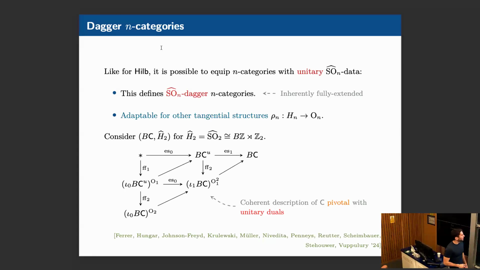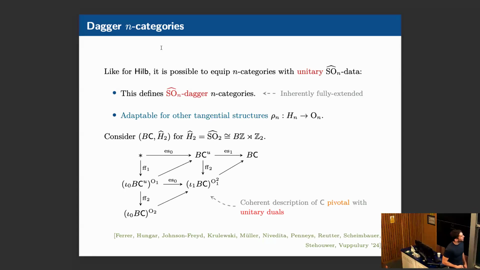So the data is kind of involved, and I won't give you the actual definitions. In 2 dimensions, it looks like something like this. And let me state that if we had, as we had before, a fusion category, and we take its looping in the oriented case, we're going to recover precisely the notion of a fusion category which is pivotal with unitary duals. Okay, so it's going to match with what we already know. But the nice thing is that we have a notion now for any dimension.